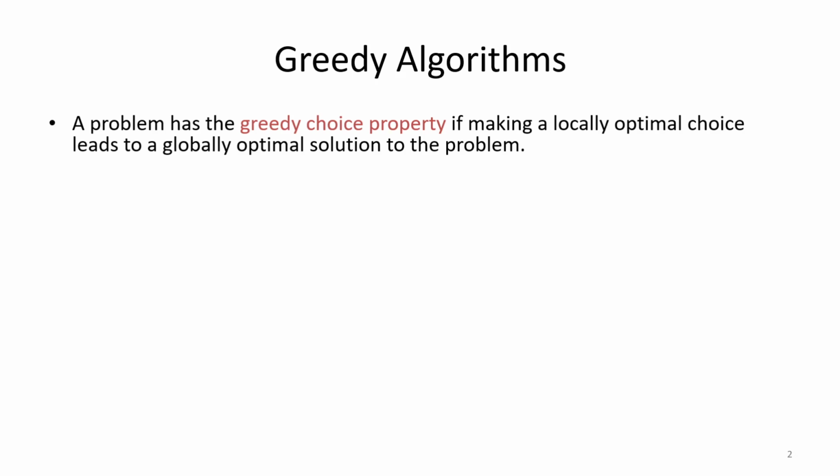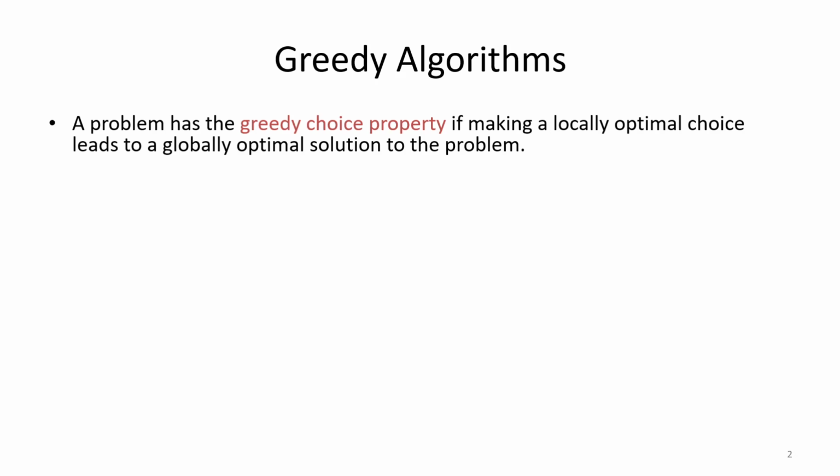That usually means making what we'll call a locally optimal selection or a locally optimal choice. We sometimes call this the greedy choice. And if our problem is one where a greedy algorithm is going to work, then it has what we call the greedy choice property, where making that locally greedy choice will actually turn out to lead to the globally optimal solution, meaning the optimum that we're looking for.